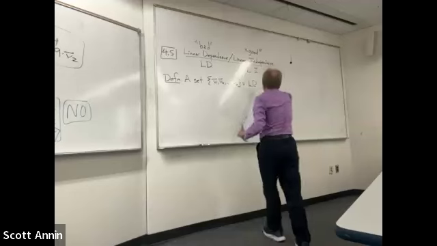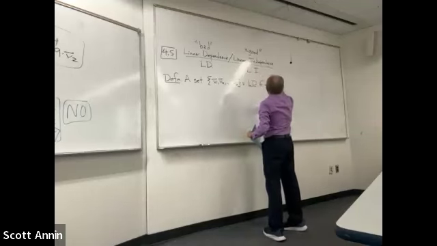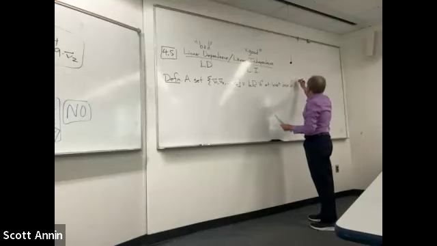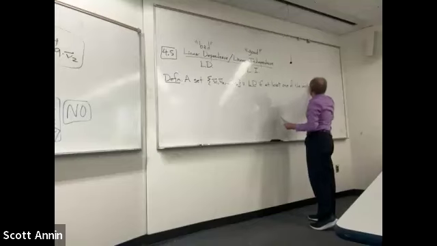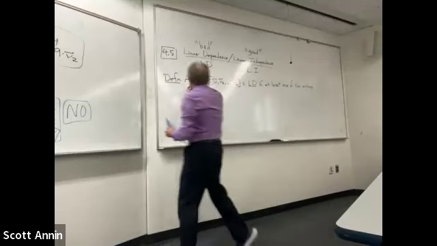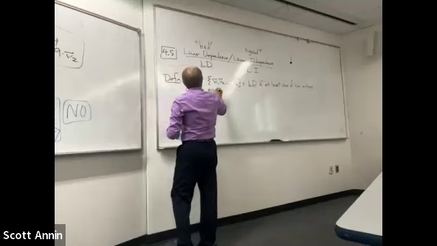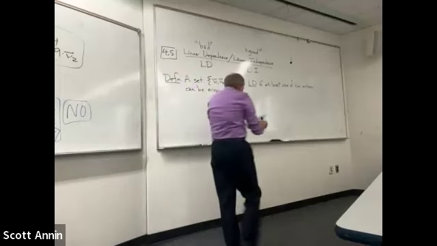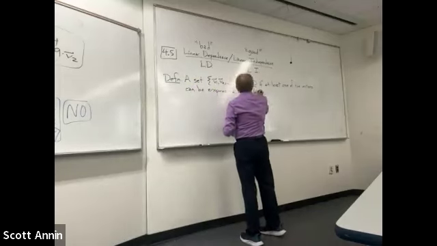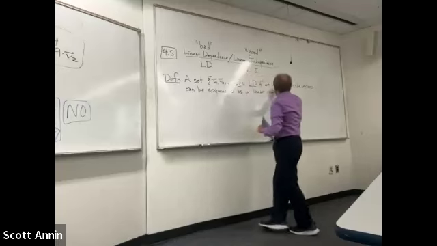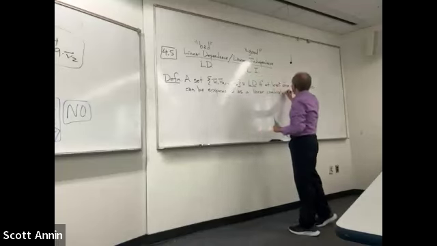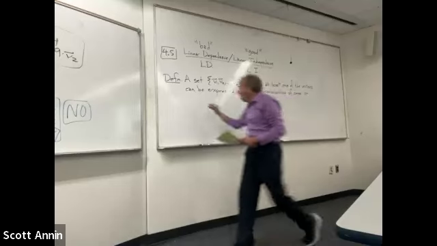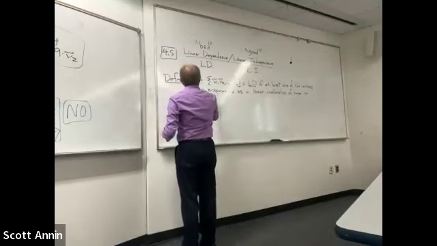These vectors are LD if at least one of the vectors can be expressed as a linear combination of some or all of the others.